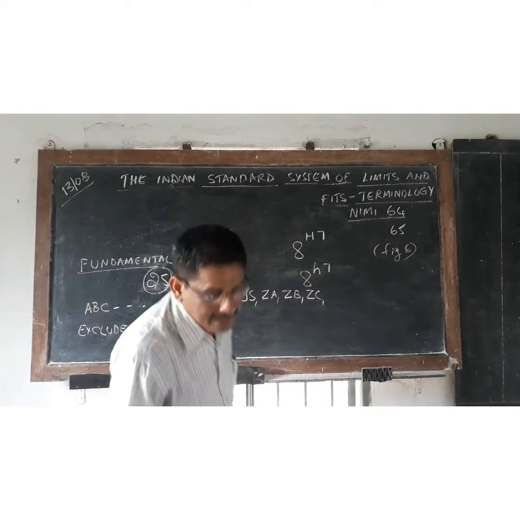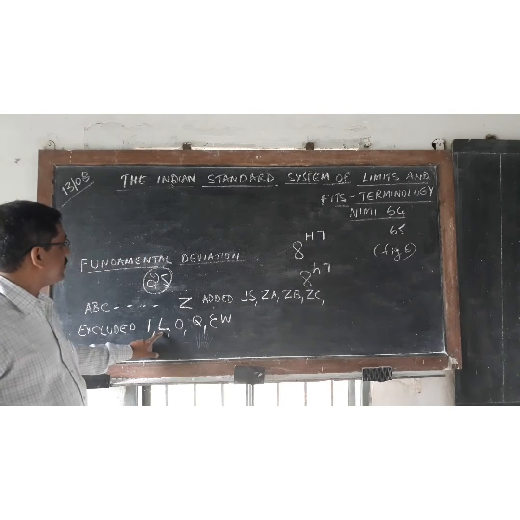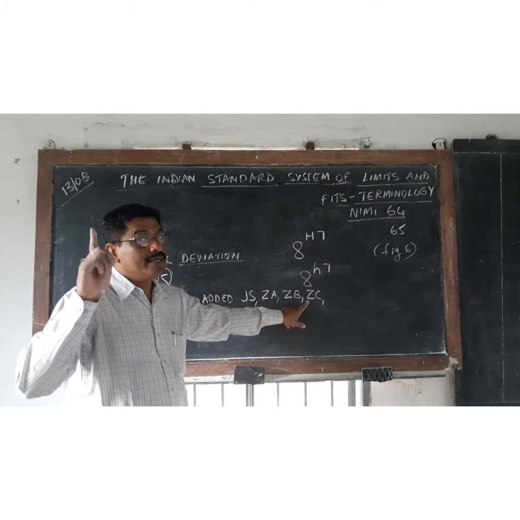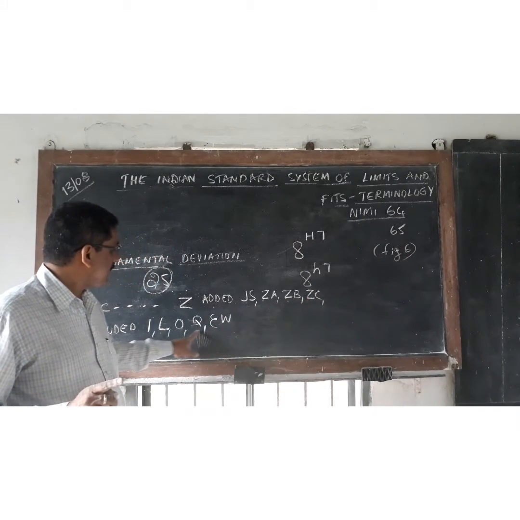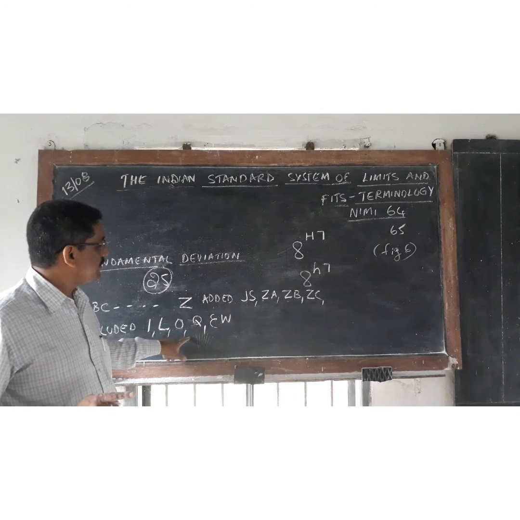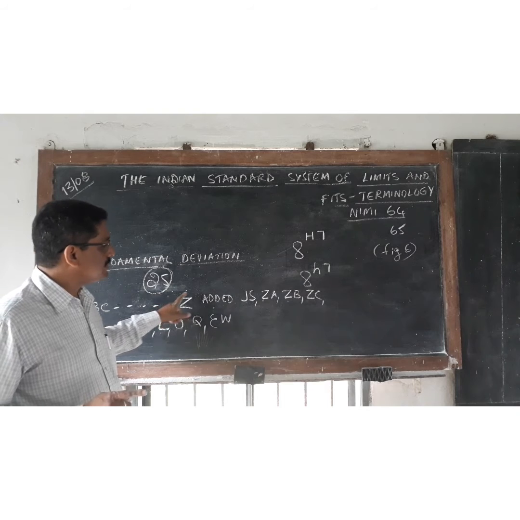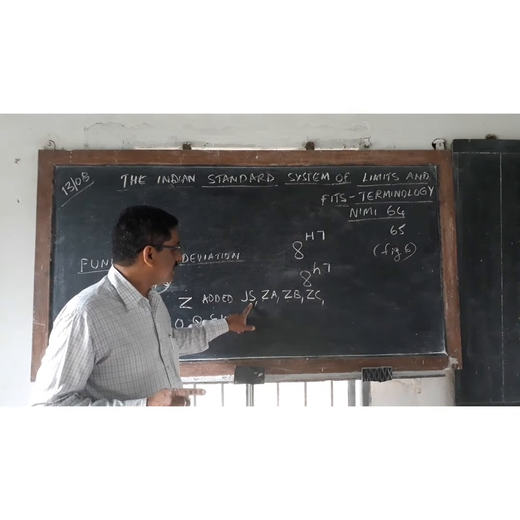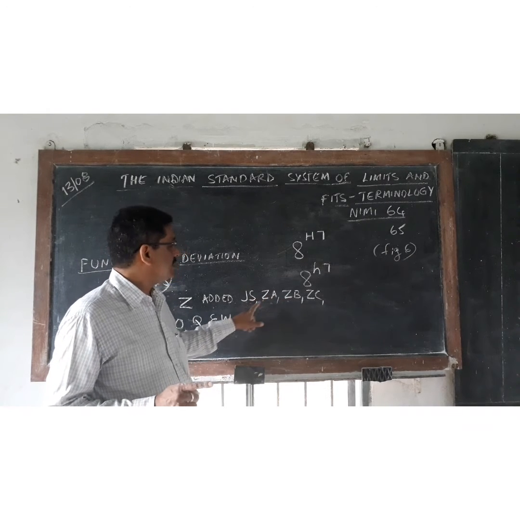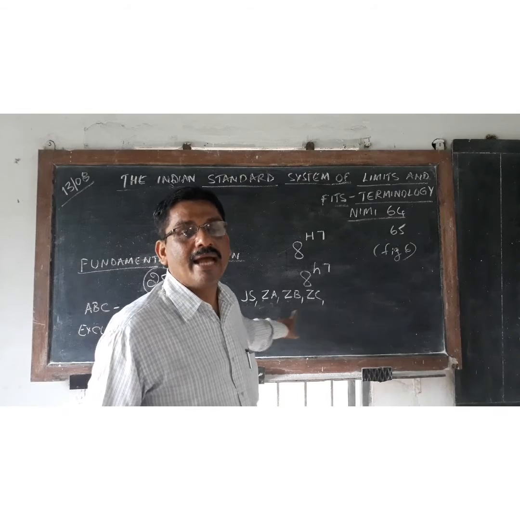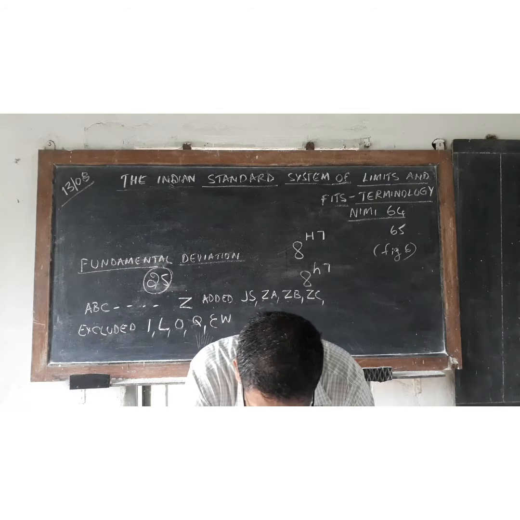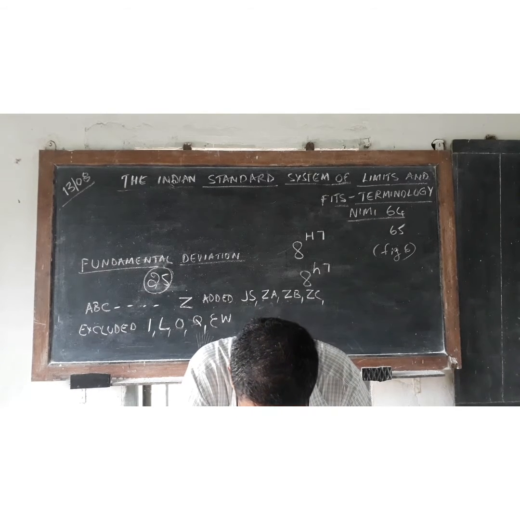Here how many? 1, 2, 3, 4 are added. If you remove 5 from the alphabets A to Z, it becomes 25. Now 4 are added: JS, ZA, ZB, ZC. These are all called fundamental deviations, as per BIS.